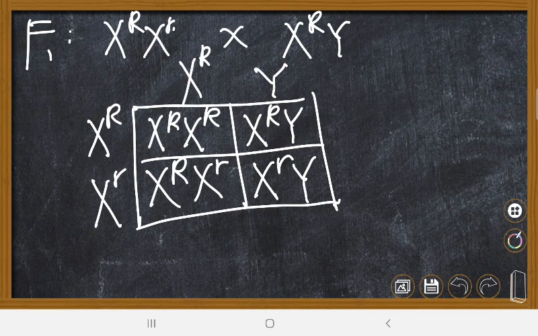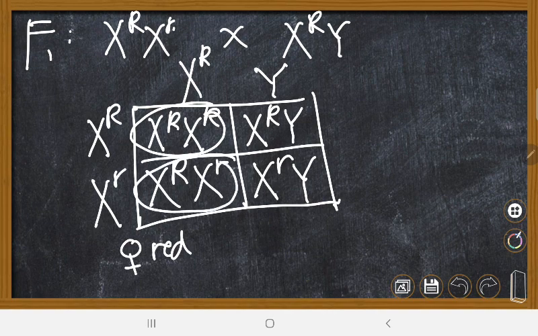So, looking at this result, what do we see? Sorry. We have anong phenotype nito? X big R would be a red-eyed female. Okay? X big R, X small r is also a red-eyed female.